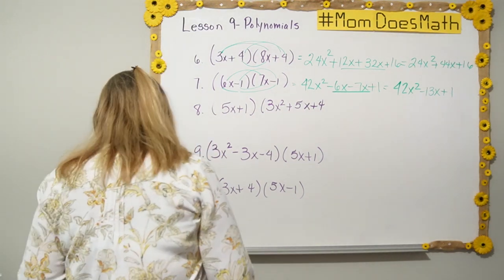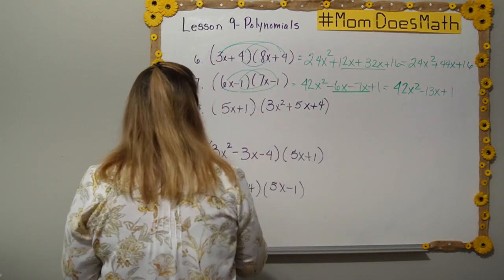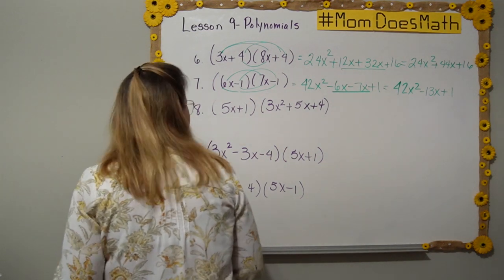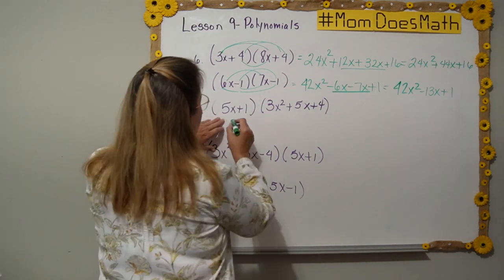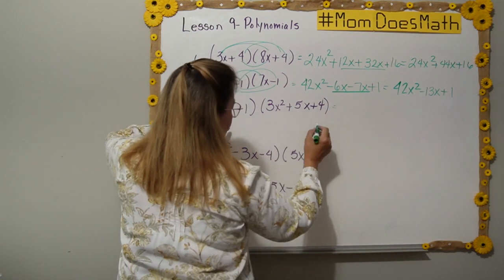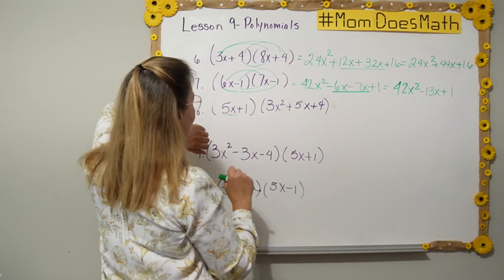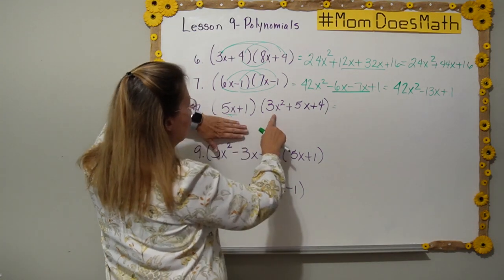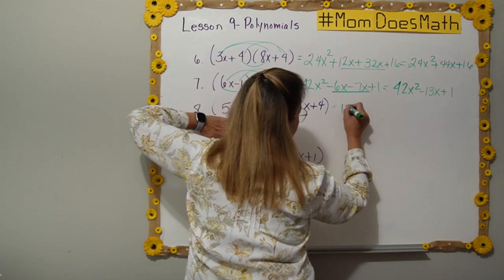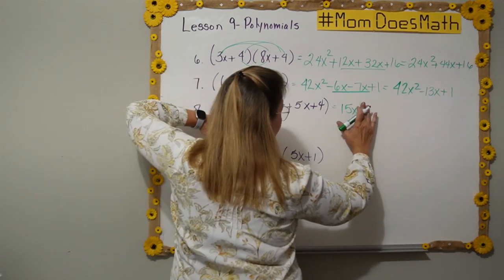All right, here we've got a binomial times a trinomial. So I just need to be careful. All right. First, I'm going to multiply 5x times all three of these things, all right? And I'm going to try to do this in my head, so we'll see if I mess up. 5x times 3x squared is 15x squared. Nope, 15x to the third.